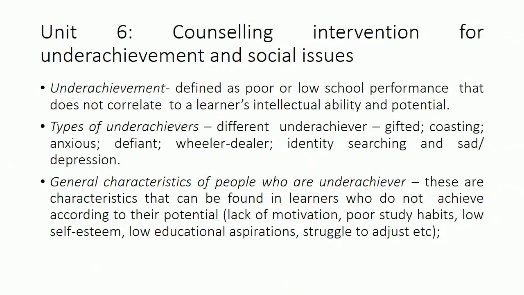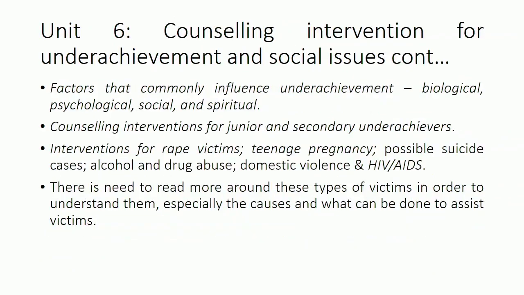That is a lack of motivation, poor study habits, low self-esteem, low educational aspirations, struggle to adjust, and many others. Factors that commonly influence underachievement: for a person to be called an underachiever, it means that in the person's life there could be some hindrance, and those could be biological, psychological, social, and spiritual, which could cause the underachieving.